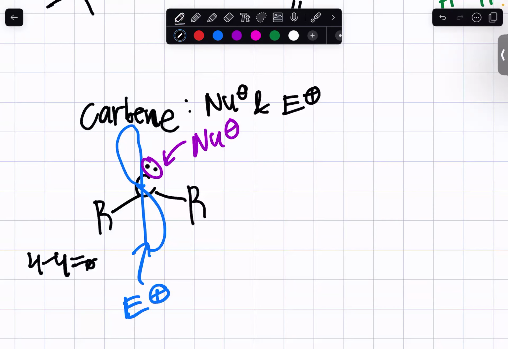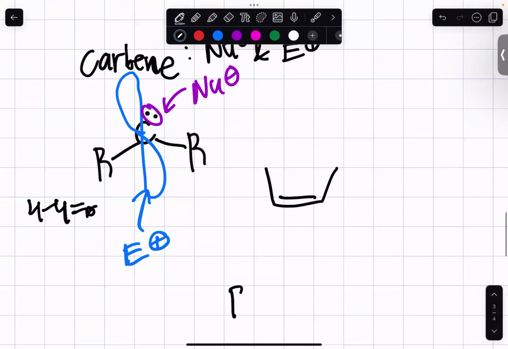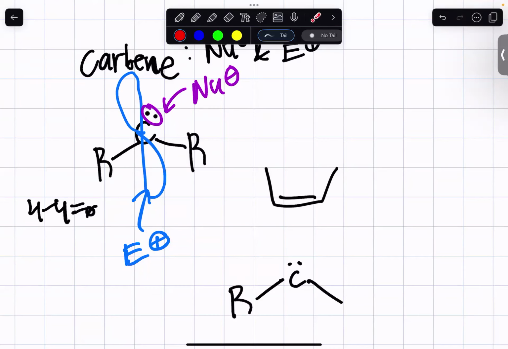That is important because let's say that we bring in an alkene like that, and we react it with some kind of carbene, a carbon with 1 lone pair, 2 bonds, and an empty p orbital. We know that this lone pair can act as a nucleophile, which is going to attack one of the carbons of the alkene here.